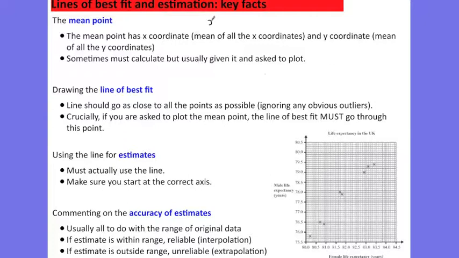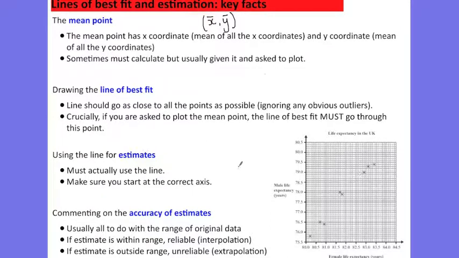The mathematical notation used for the mean point is x bar, y bar. This means the mean of x, the mean of y. Sometimes you must calculate this, but it is usually given to you and you are asked to plot it onto a scatter graph.